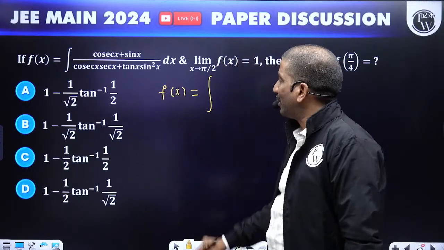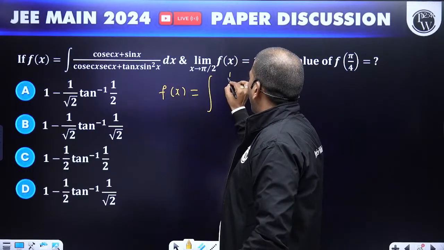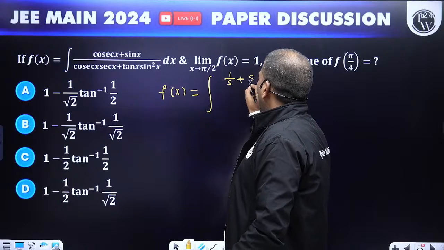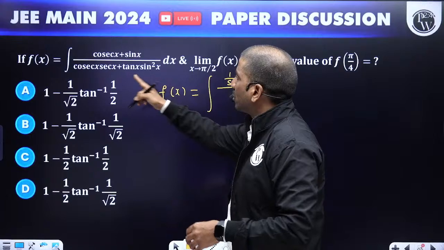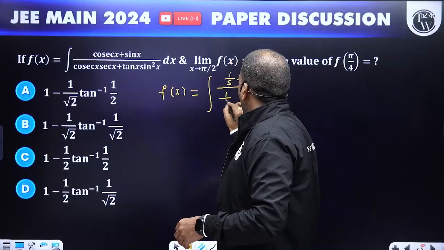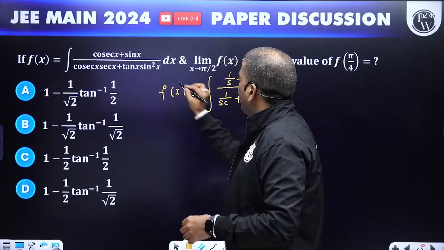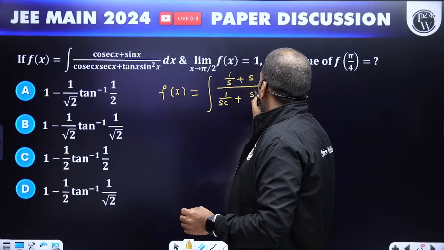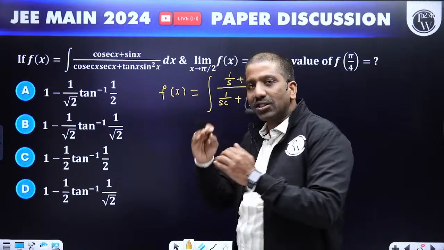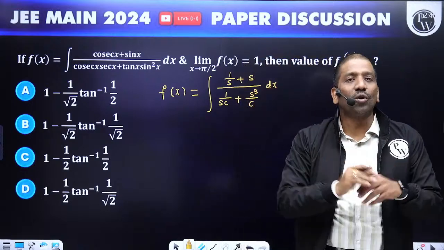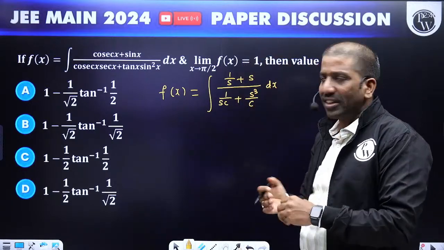So let us enjoy this question. Cosecant x, my dear students, for your convenience, I will write 1 by s. Why write it all unnecessarily? Let us convert it into sine and cos. Cosecant and secant: 1 by sc plus tan x, s cube by c. Am I right? I am just converting into sine and cosine. Let us see what happens.